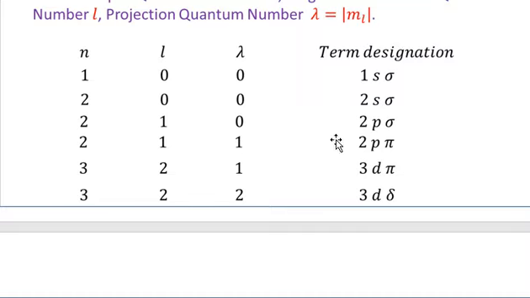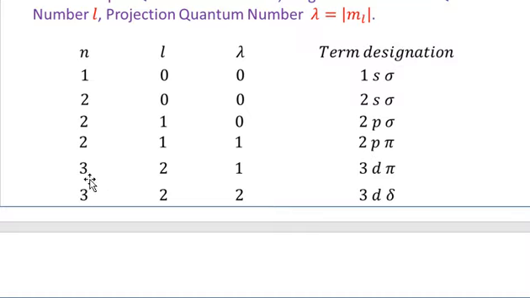In this case the term designation is 2p sigma. 2 represents n, p represents L equal to 1, sigma represents lambda equal to 0. Then we have 2, 1, 1, that is n equal to 2, L equal to 1, lambda equal to 1. The term designation is 2p pi. 2 represents principal quantum number n, p represents L equal to 1, pi represents lambda equal to 1.